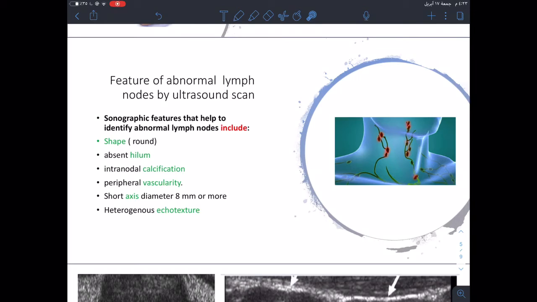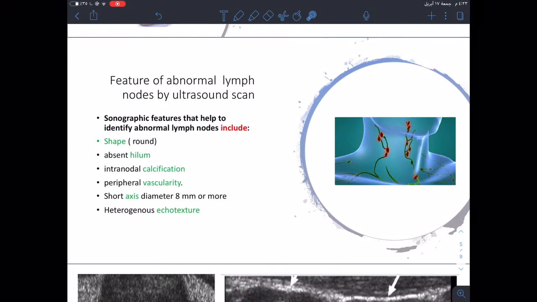The features of abnormal lymph node by ultrasound. Sonographic features that help to identify abnormal lymph node. See here with me. As we know, the normal lymph node is oval or bean in shape, but here the shape has converted to round.